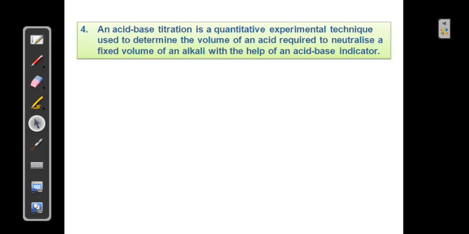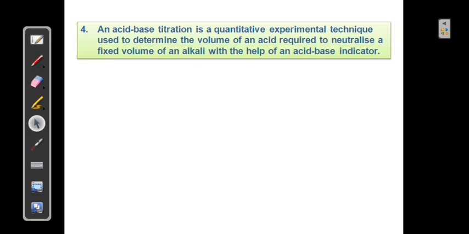Do you remember I asked you to make the indicator using the red cabbage? That is what we call an indicator. If you pour a few drops of indicator into an alkali solution, it is bluish in color. When you put in the acid, it will change into green.